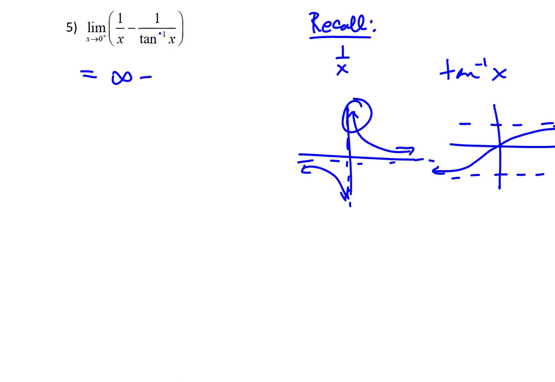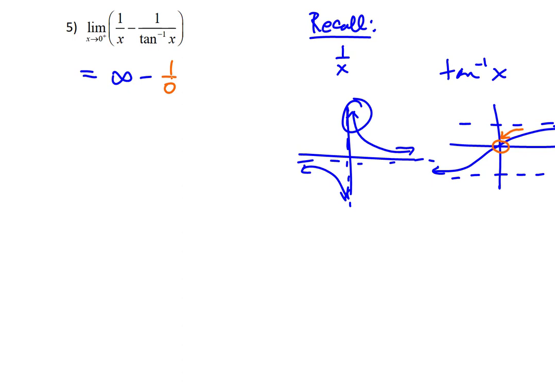If you look at x approaching 0 from the right on tangent inverse, that means we're approaching it from a positive direction. Of course, the limit there is 0, but 1 over 0 is some kind of infinity. If you go back to limits by deduction, we mentioned that this is plus or minus infinity.